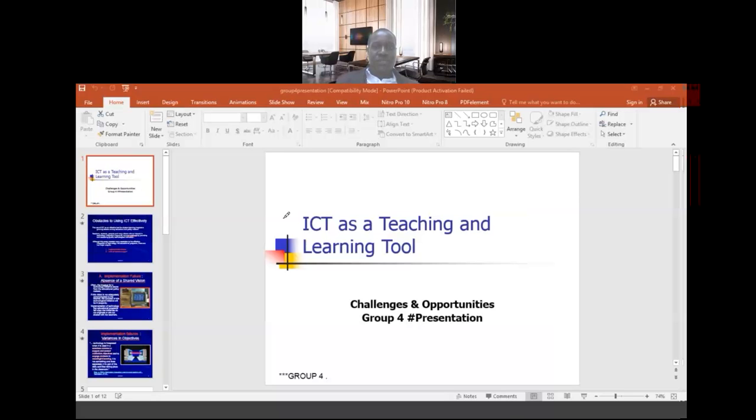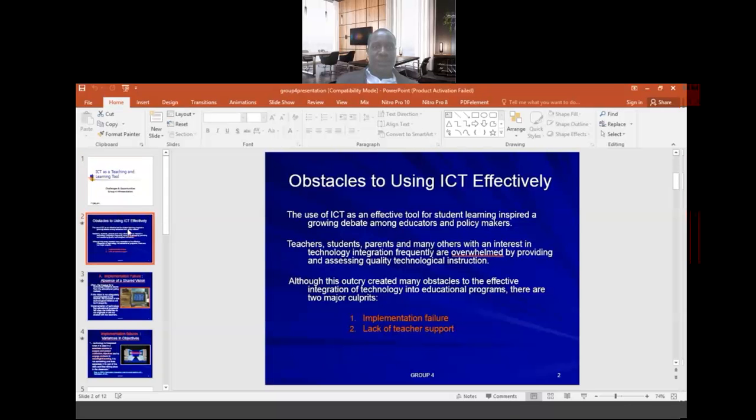So we're going to look at the challenges and we're going to look at the opportunities as far as IT utilization is concerned. So we begin by the challenges, and we call them obstacles to use of ICT effectively.